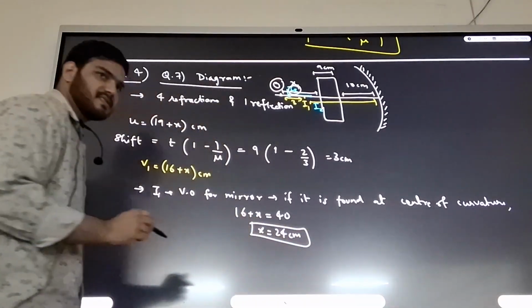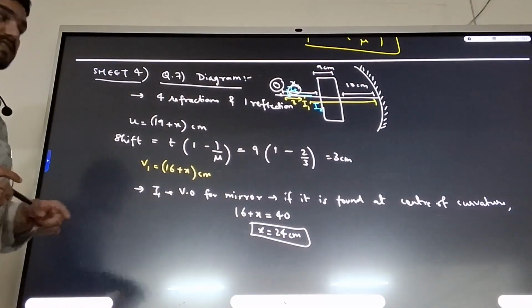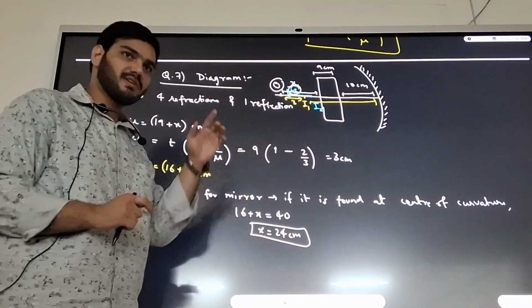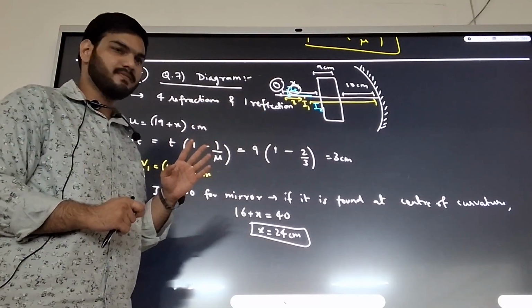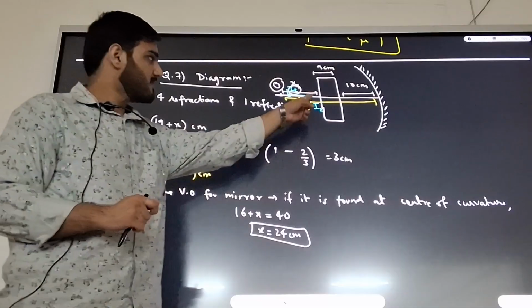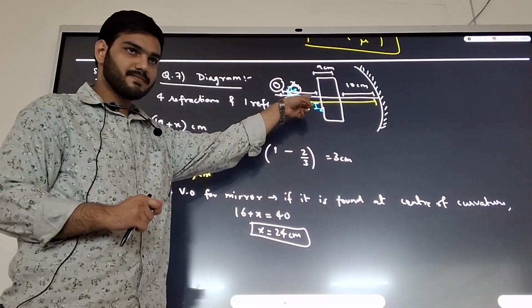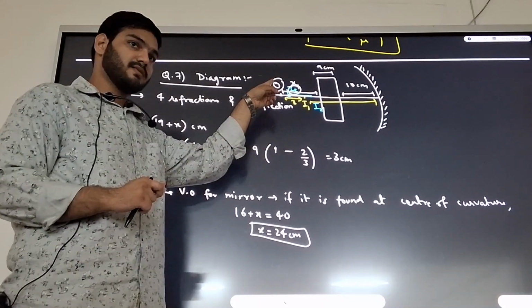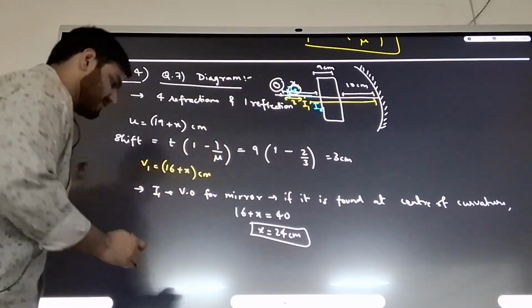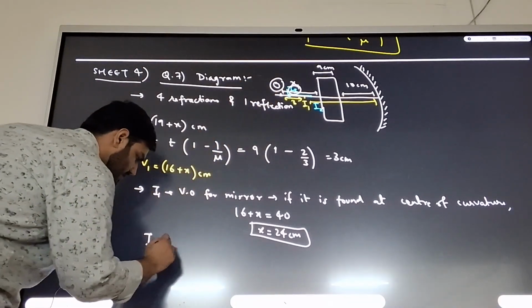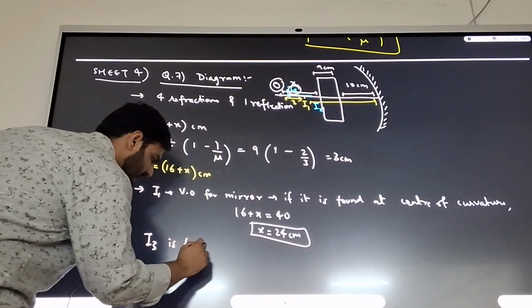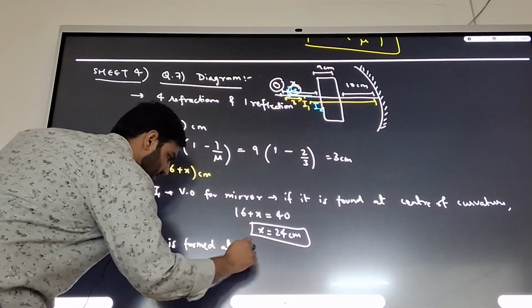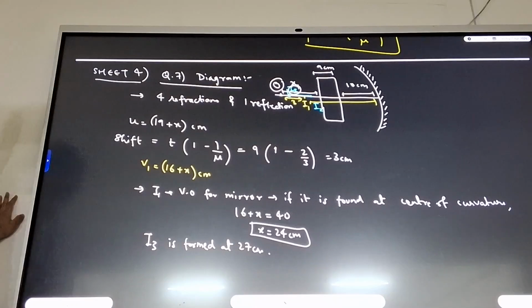I found my x. But now let's try to check whether my final image will actually coincide or not. ये 24 की वजह से इधर कहीं इमेज बनेगा and that will be shifted by 3 centimeters again. 27 पे आएगा तो I3 will be formed at 27 centimeter. Can you check कि this is correct?